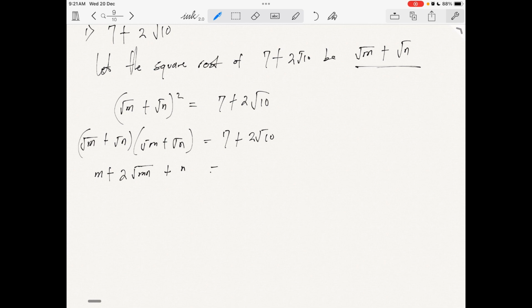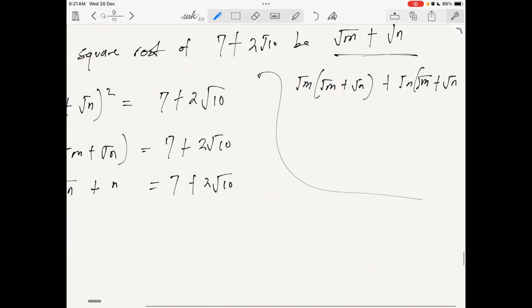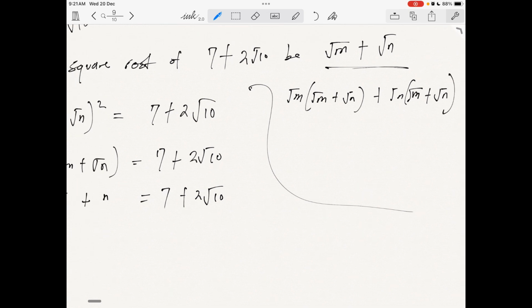I skipped some steps there because I'm sure a lot has been done on that. What we just did basically was root m into root m plus root n, plus root n into root m plus root n. So we have root m squared, plus root mn plus root mn plus root n squared. So we have m plus 2 root mn plus n.